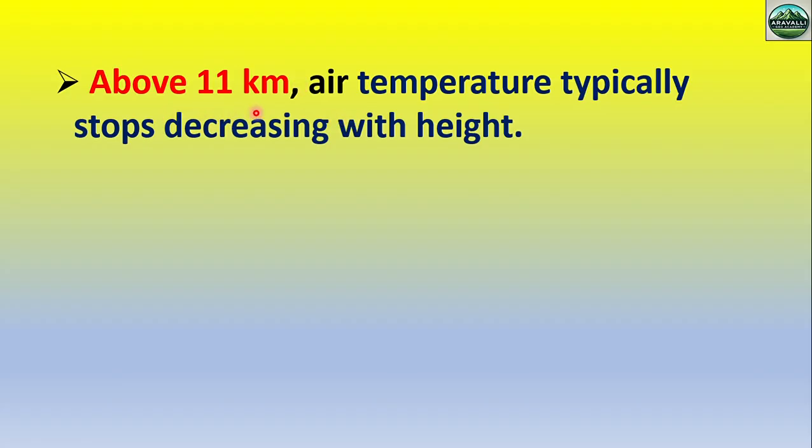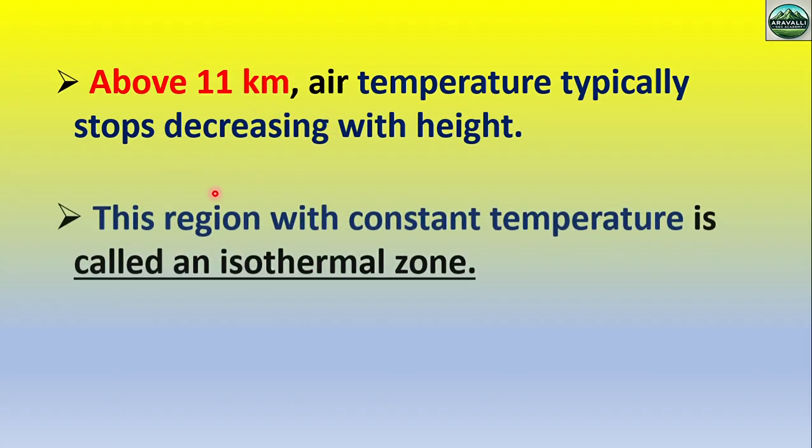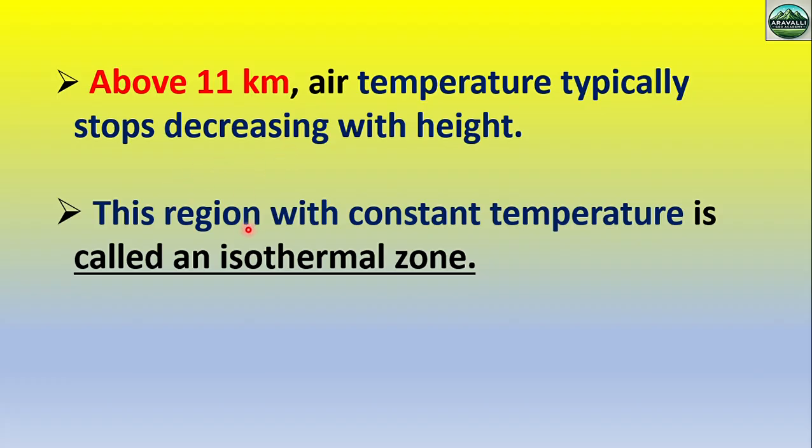After this 11 kilometers, temperature typically stops decreasing. We know that temperature decreases continuously from the surface up to 11 kilometers, but after this, temperature stops decreasing. The region with constant temperature is called the isothermal zone, or indirectly we can say this is the tropopause.